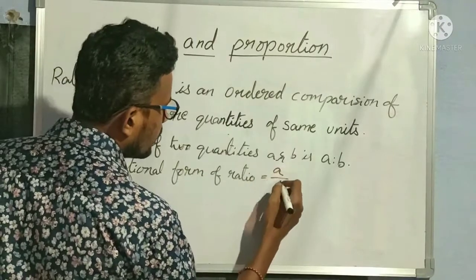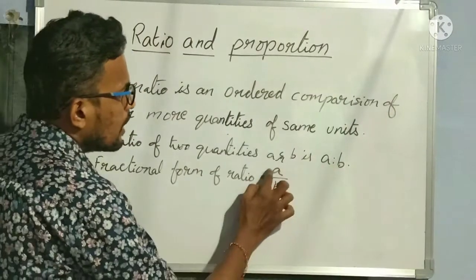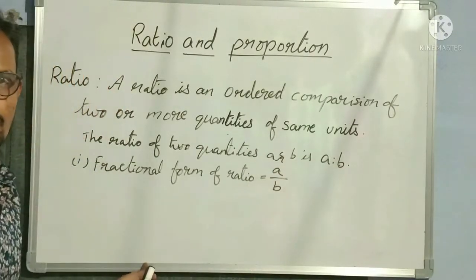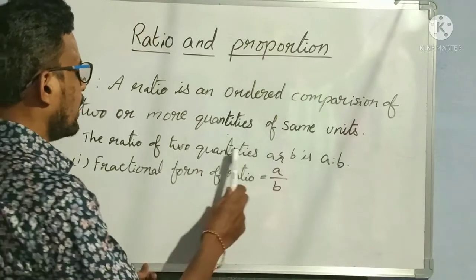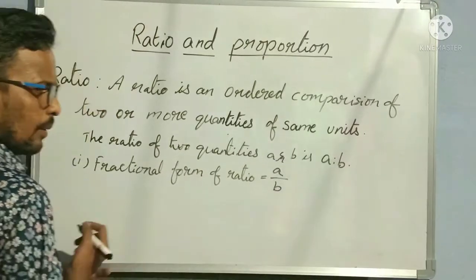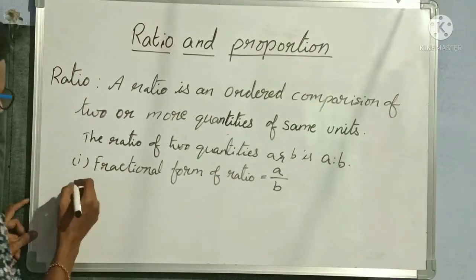In the form of a fraction, we write a numerator and a denominator. Our first term becomes the numerator and the second term becomes the denominator. So whenever we write a ratio in fractional form, we write A by B, where A is the first term and B is the second term.